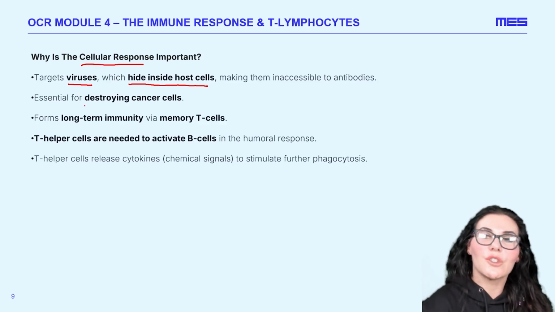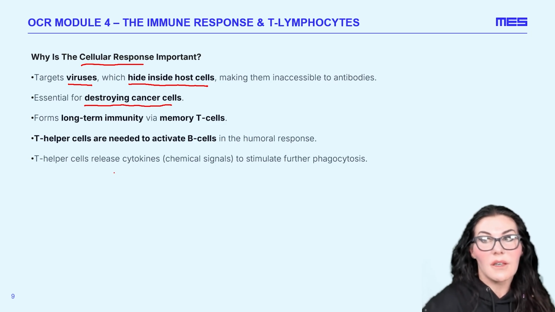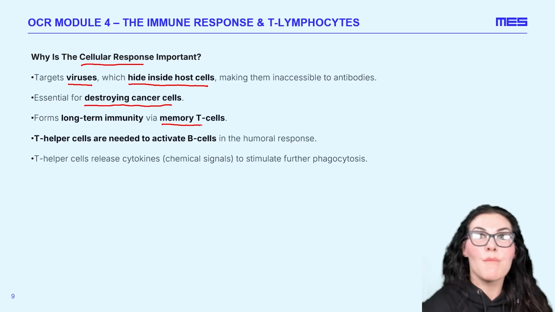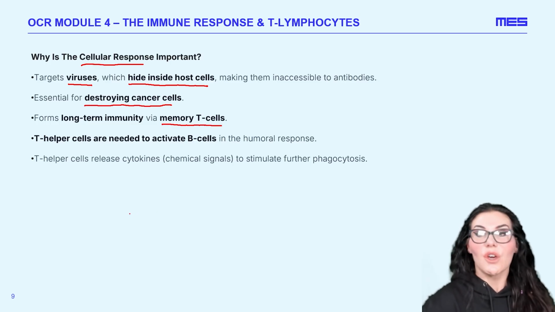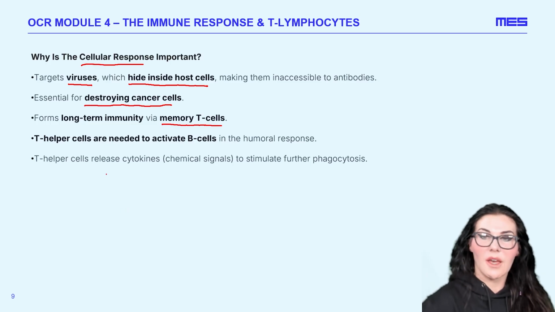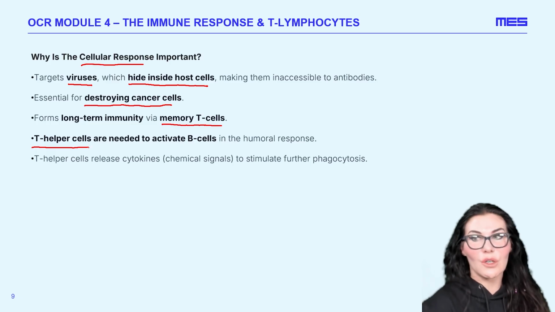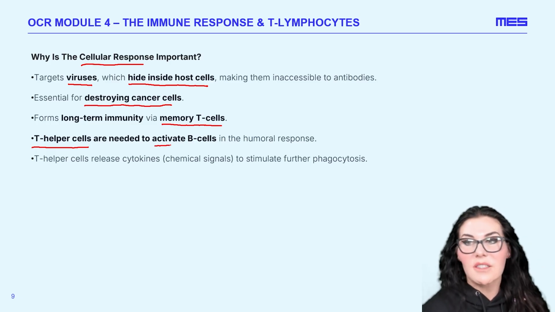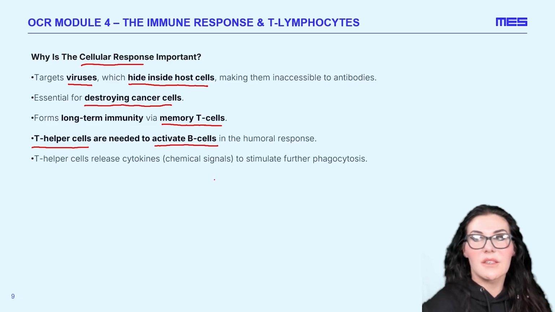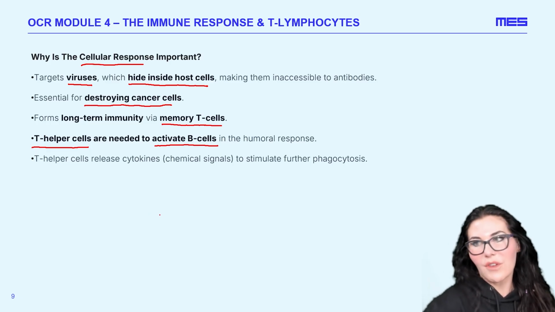We also want to make sure that cells that could become cancer are destroyed quickly. And we want to make sure we have memory of that particular antigen by creating memory T cells during the cellular response. And don't forget that the T helper cells, in the production of the interleukins, which are a type of cytokine, activate the right specific B cell or B lymphocyte to also become part of the immune response, which is the next stage of our video.